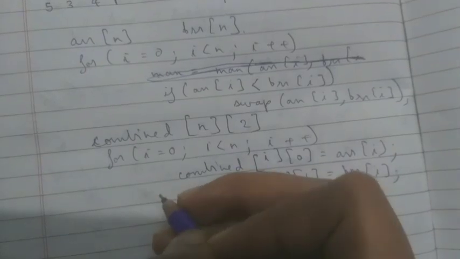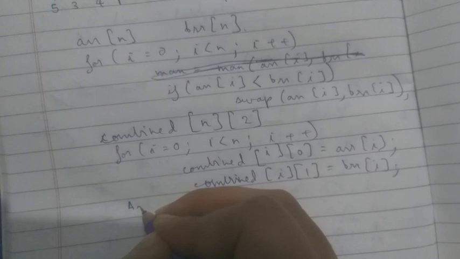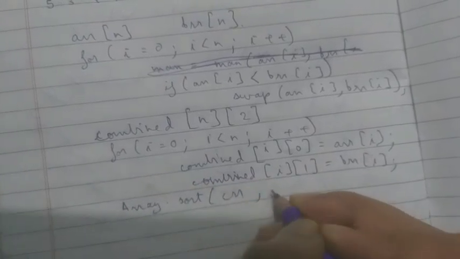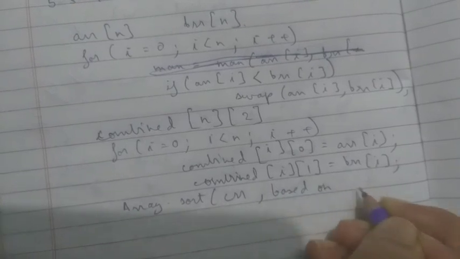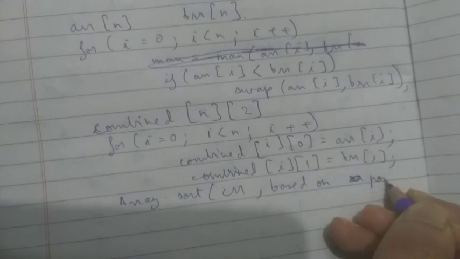So now once we are done with this, we are going to sort the array combined based on position 0.